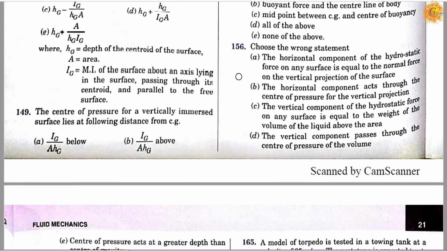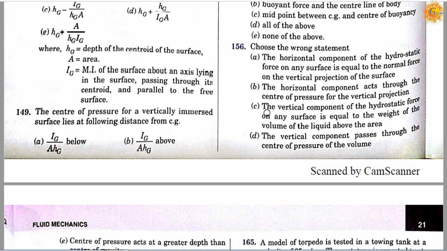Question number 156. Choose the wrong statement. Option A, the horizontal component of the hydrostatic force on any surface is equal to the normal force on the vertical projection of the surface. Option B, the horizontal component acts through the center of pressure for the vertical projection.